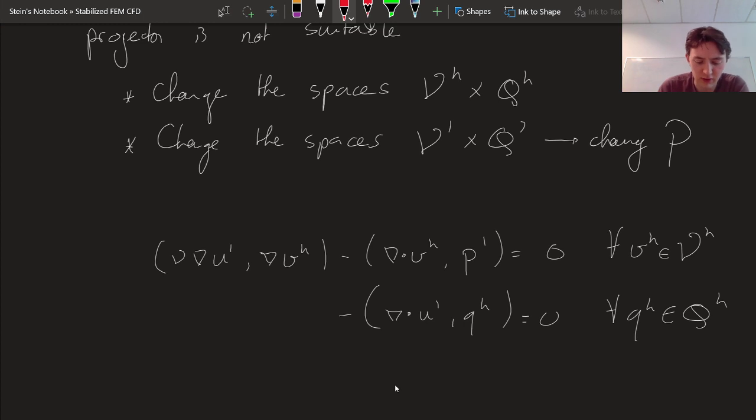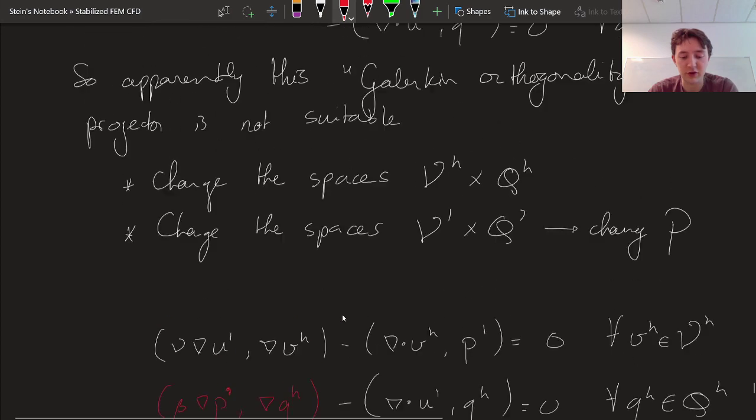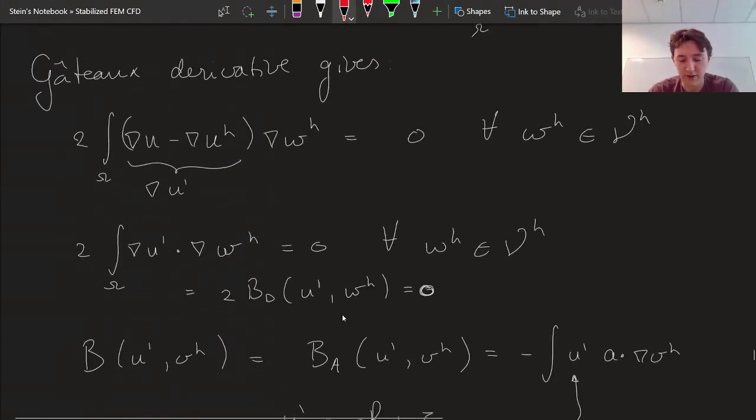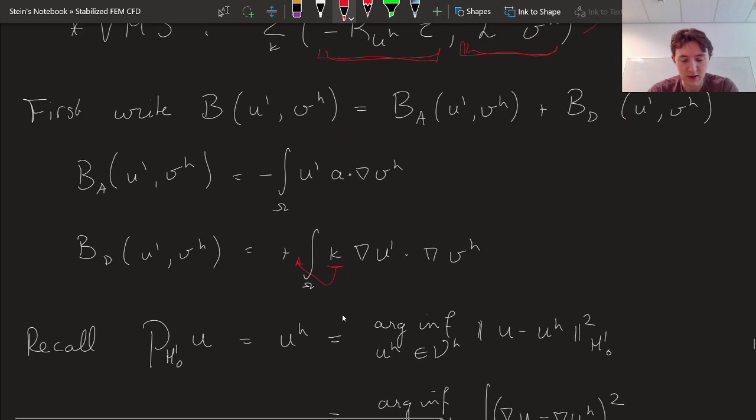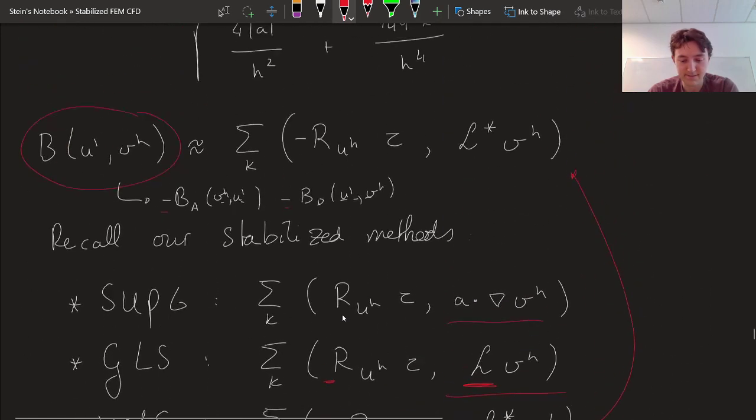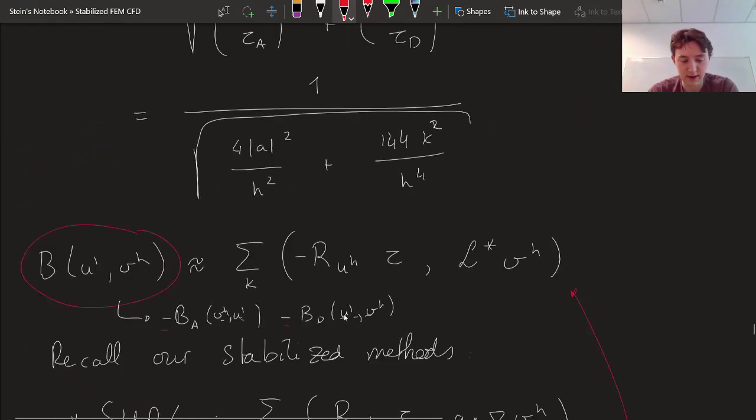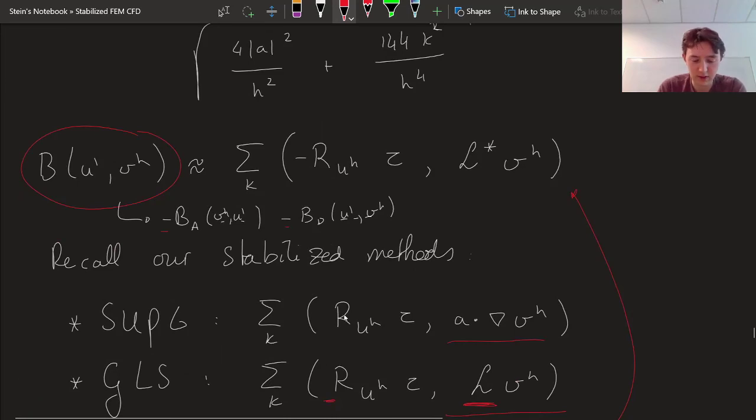And for the pressure, this is precisely the H10 weighting. So we're going to add some factor, let's call it beta, of the gradient of P prime, comma, the gradient of QH. Remember, this corresponded to the projector, the H10 projector for a scalar field. Let me scroll up and see if we still have that somewhere around here.